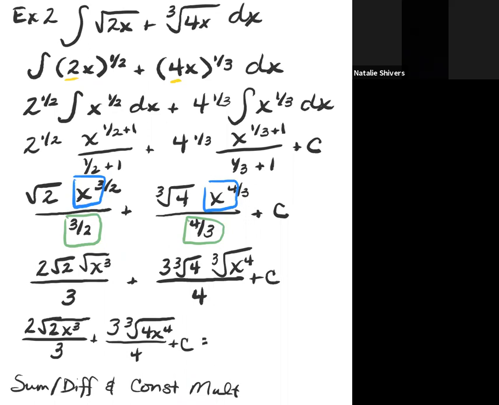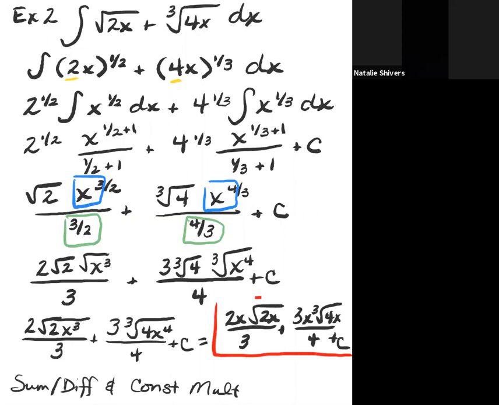So you could make this 2x square root 2x over 3 plus 3x cube root 4x over 4 plus c. That's if you simplify it. This is what you would get in an extra credit problem. So this extra credit answer. This would be total regular answer. So it's a little intense.